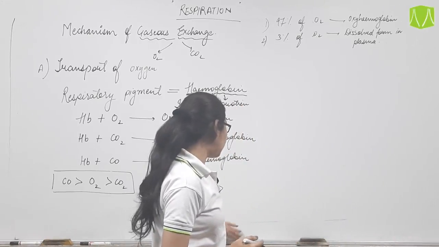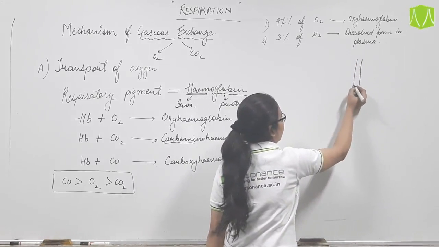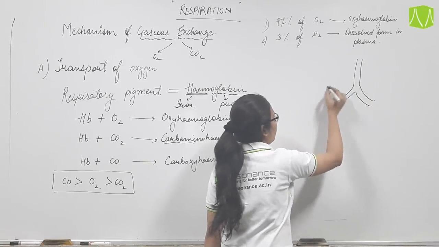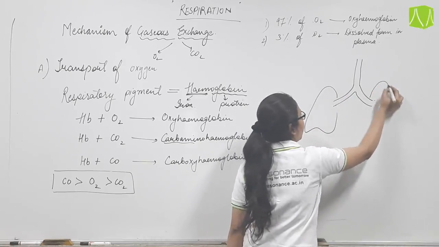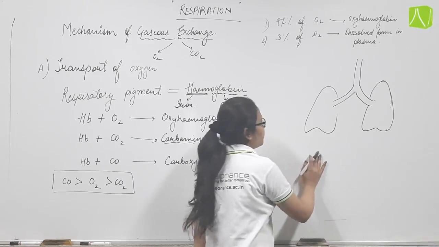Now how does this transportation occur? This is the windpipe, that is the trachea, which opens into two bronchi, and these bronchi then enter their respective lungs.